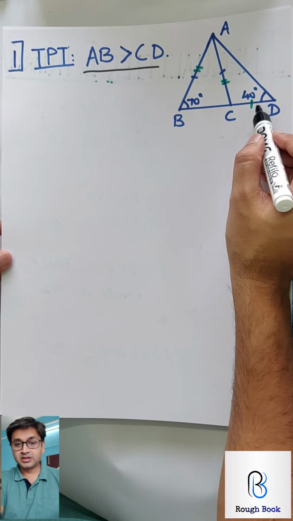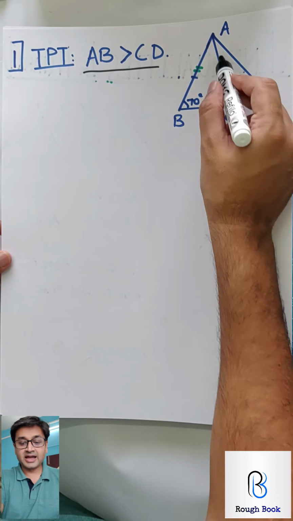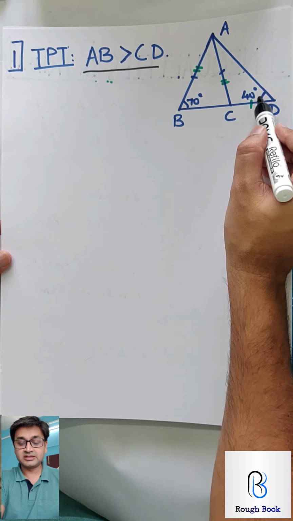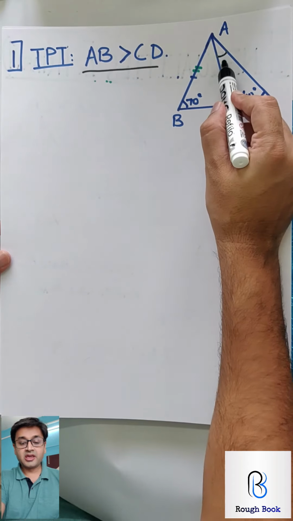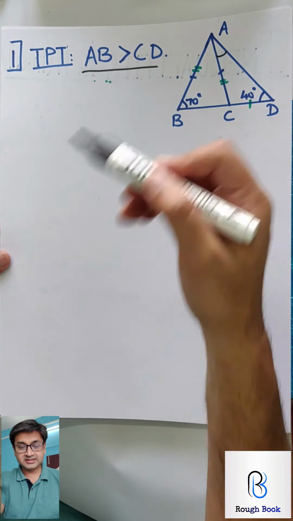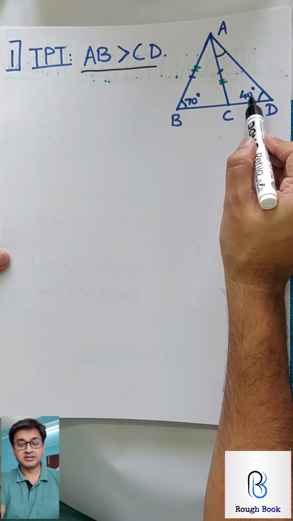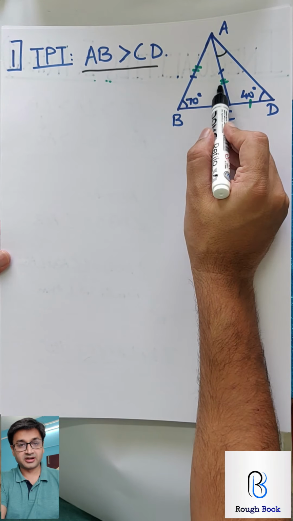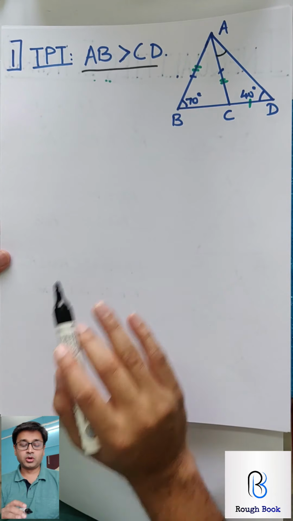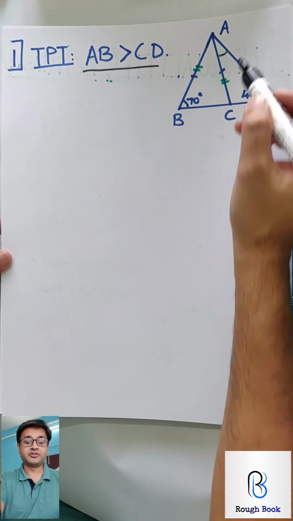To prove AC bigger than CD, I'll have to look at the angles opposite to those sides. The angle opposite to AC is this one, and the angle opposite to CD is this. If I can find this angle and say that this angle is smaller than this, then the opposite side will be smaller than this opposite side. Are you getting it? So right now my only focus is to find the value of this angle.